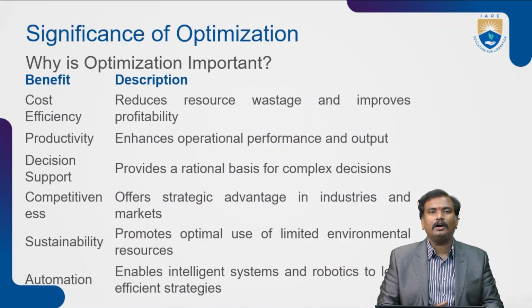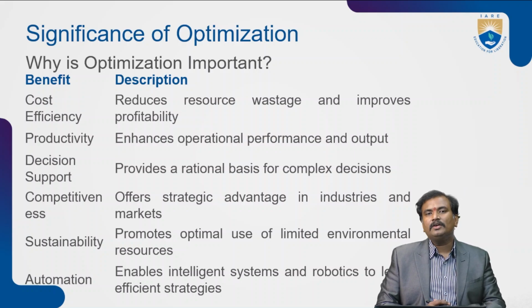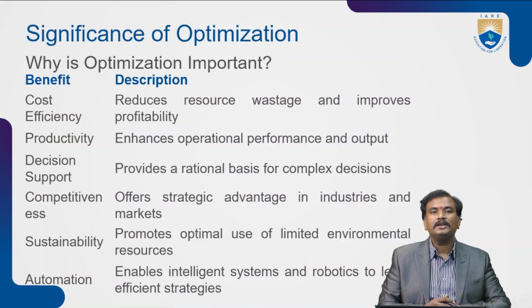Whenever we use an automated system with sensors, automatically fans, ACs or lights get switched off when no one is there. So we have to use optimized operations. Along with that, we have to check the cost. Optimizing means reducing the cost of electricity, but if the investment cost is more, that is not the optimized way.